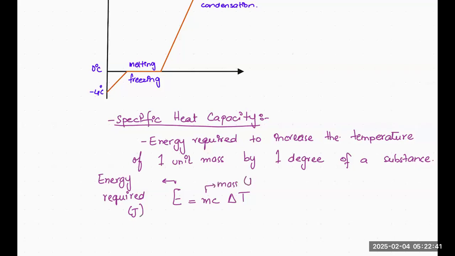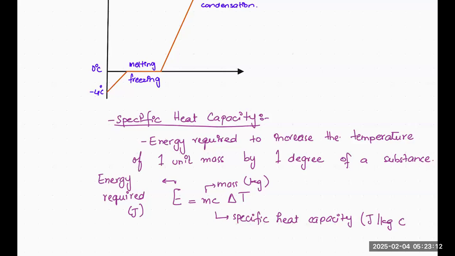The unit will depend upon the value of C basically. C stands for specific heat capacity. The unit we have for this is generally joules per kilogram per degree centigrade, or you can also have it in Kelvin. That is also possible.